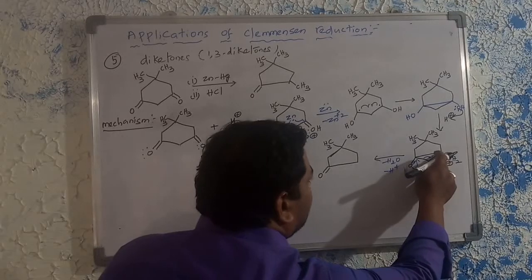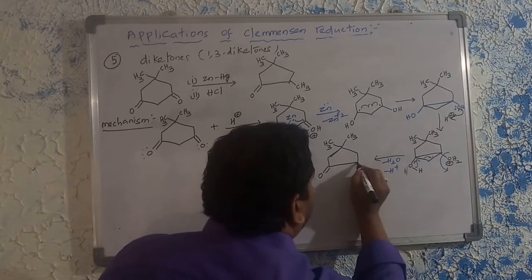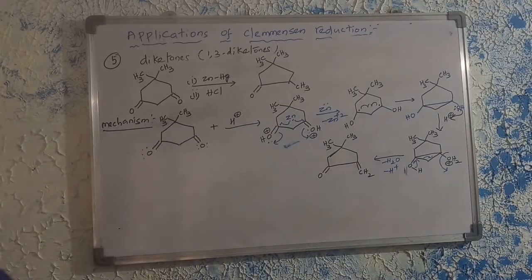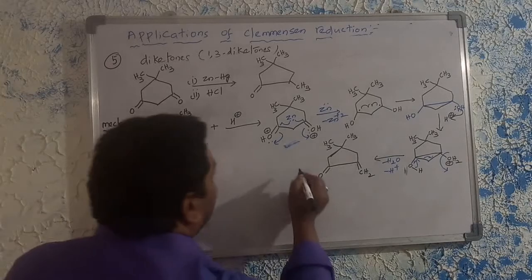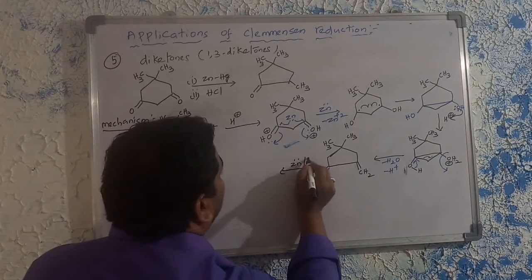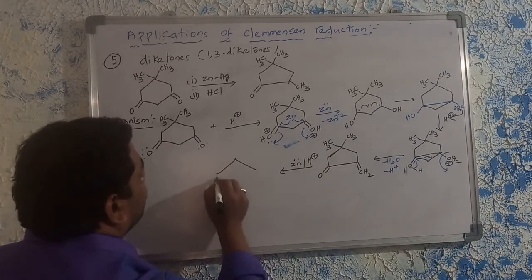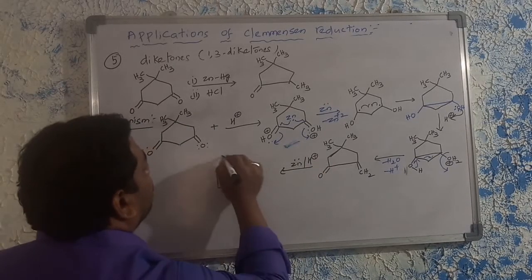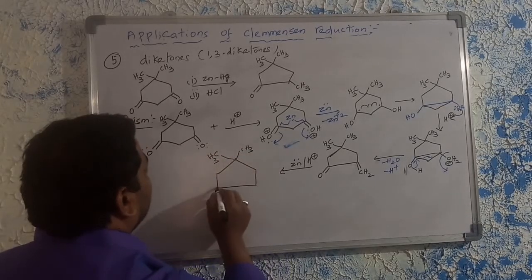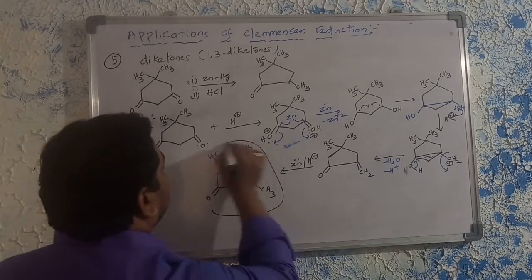This carbon CH2 converts into CH2. Then the same process again, zinc and H plus. The product is CH3 C double bond O CH. So this is the product.